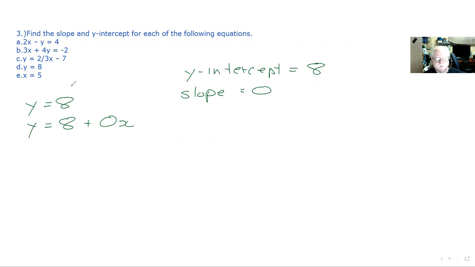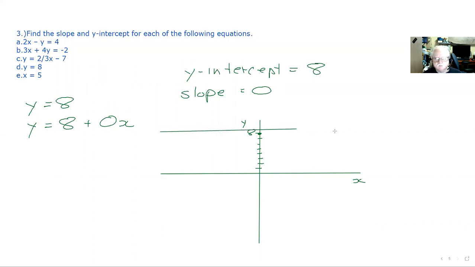This makes a little bit more sense if we graph it. Sometimes it's worth graphing these things to make sense out of what they're trying to tell you. If y equals 8, then we'd go 1, 2, 3, 4, 5, 6, 7, 8. But it doesn't matter what x equals. So we're really dealing with a horizontal line.